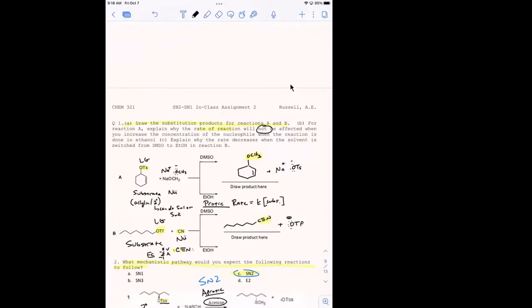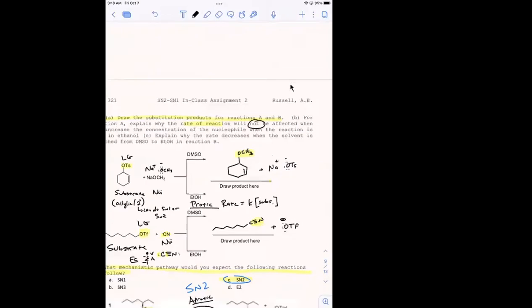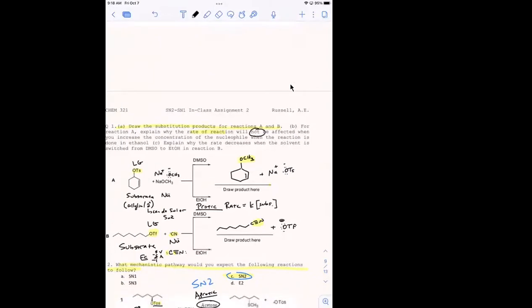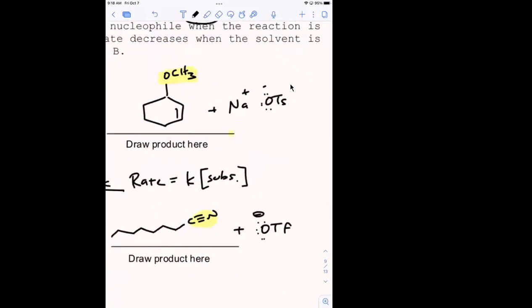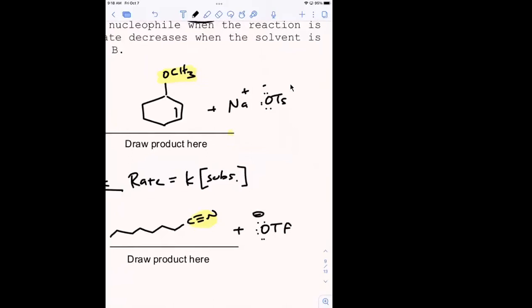So, knowing that ethanol is a protic solvent, generally adding a nucleophile to a reaction would obviously change the rate. But since this reaction is SN1, the rate of the reaction is not based off of the nucleophile, it is only based off of the substrate. Excellent. That's exactly right.